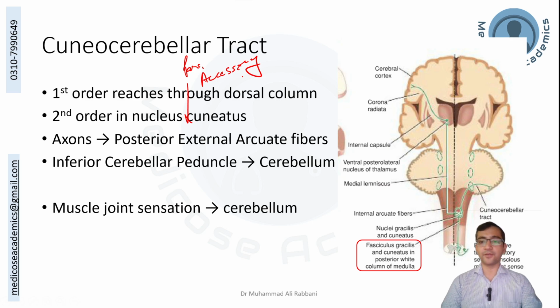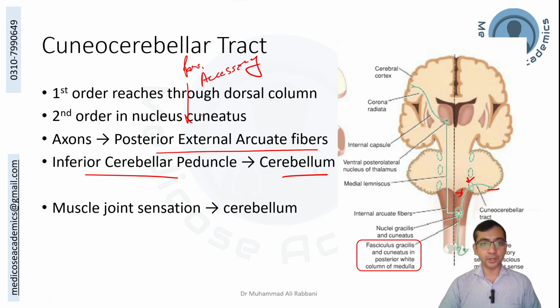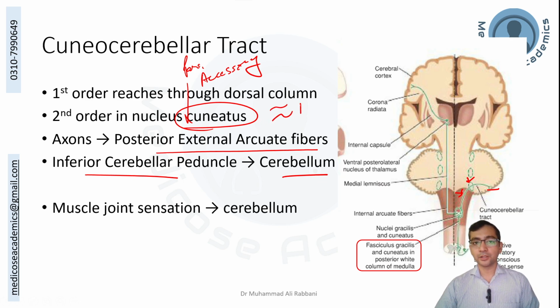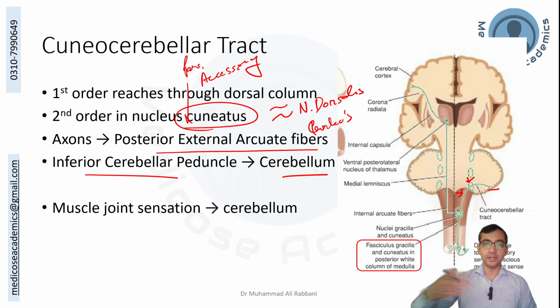Why is this part different? Because the signals reaching this part go through the posterior external arcuate fibers and the inferior cerebellar peduncle to the cerebellum. So this paracuneatus nucleus acts as the nucleus dorsalis, the one that we call Clark's nucleus. So this is the cuneocerebellar tract, and that is how the unconscious proprioception from the upper limb reaches the cerebellum.